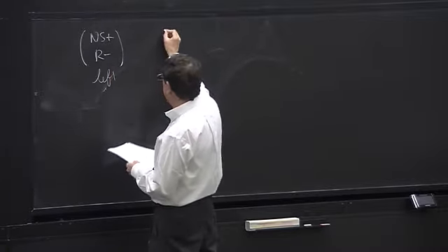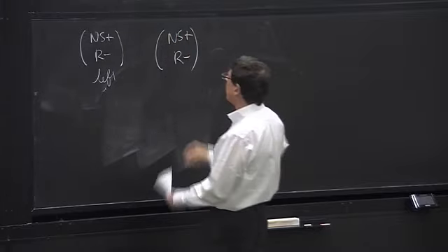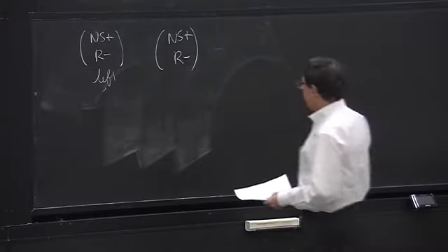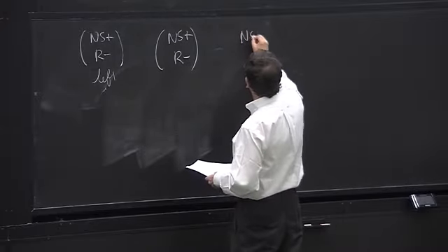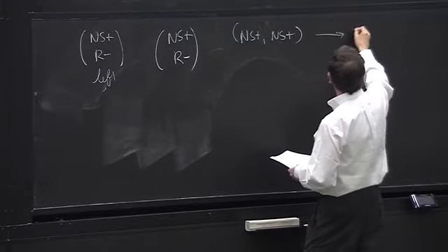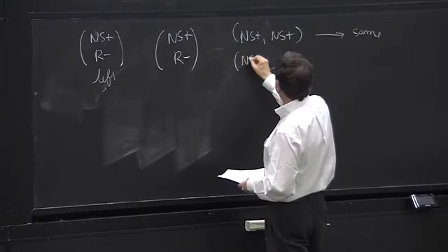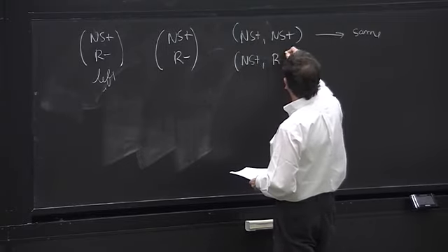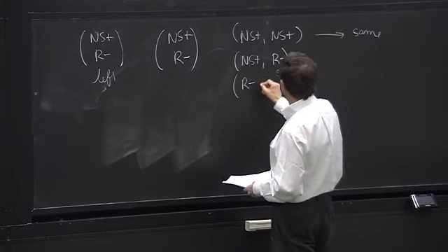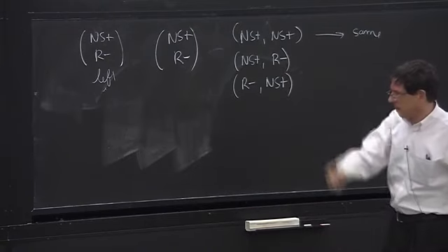So that's the same as that, but then here NS plus with also R minus, not a different fermion, but the same one. So the NS plus sector is just the same as before. Then you have the NS plus R sector, R minus, and then the R minus NS plus.